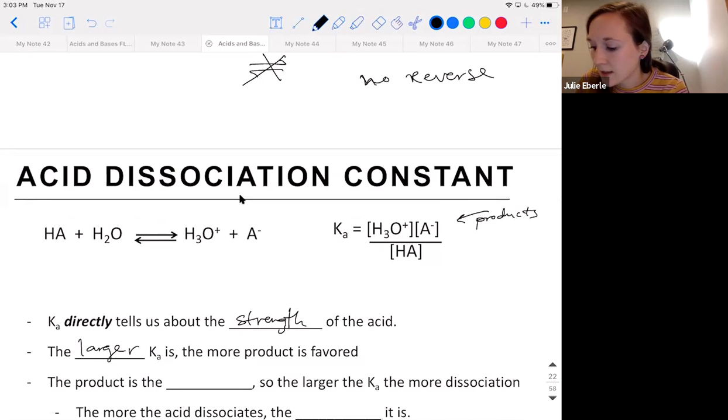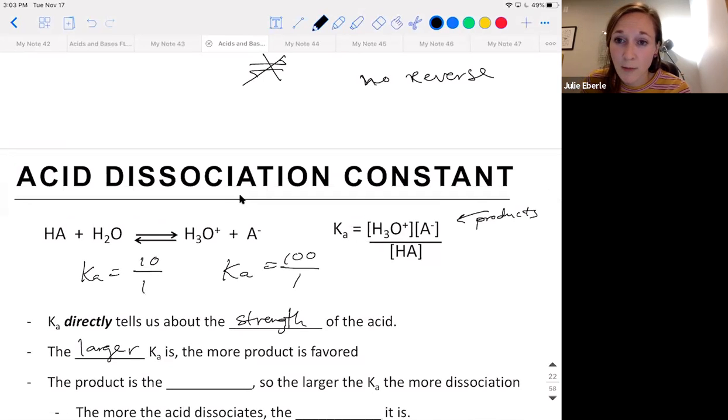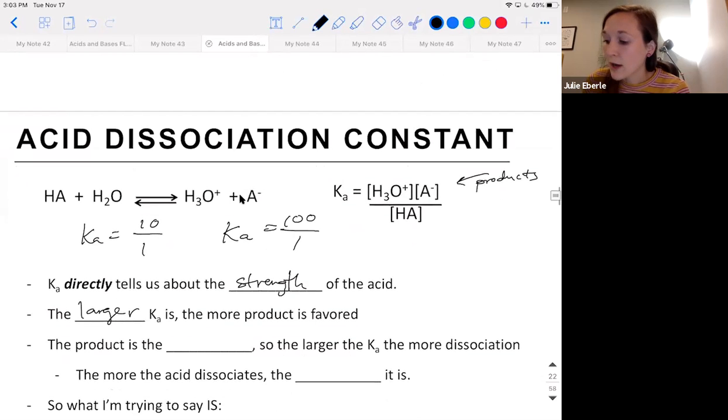So that's like saying this. If you have Ka equals 10 divided by 1 versus Ka equals 100 divided by 1. If 100 is on top, that represents the amount of products you have. The more products you have, the larger Ka is, right? 10 divided by 1 is 10. 100 divided by 1 is 100. So the more product, the larger Ka is.